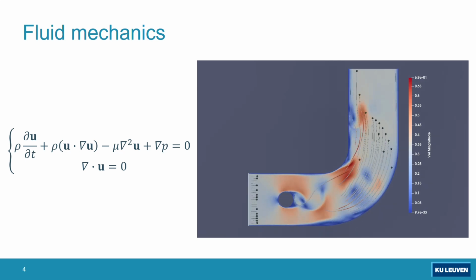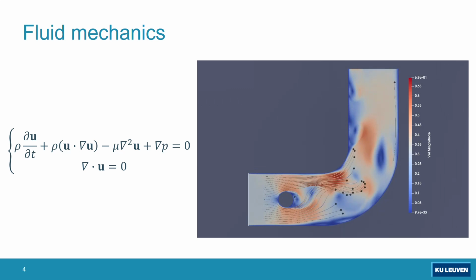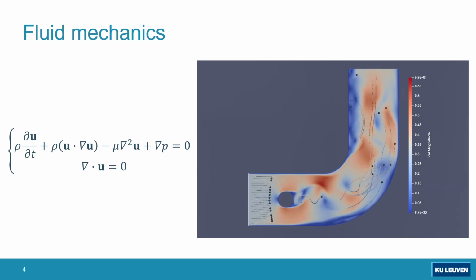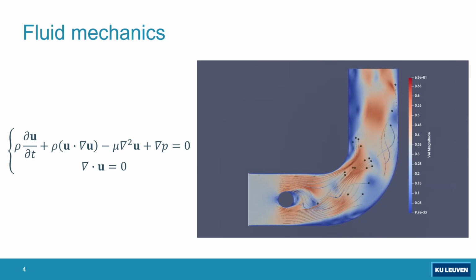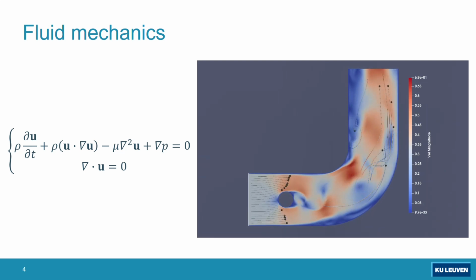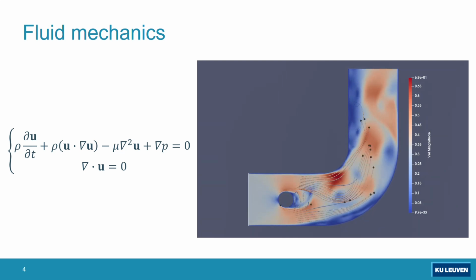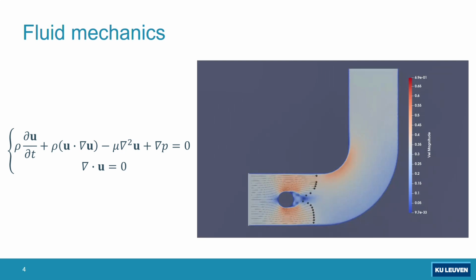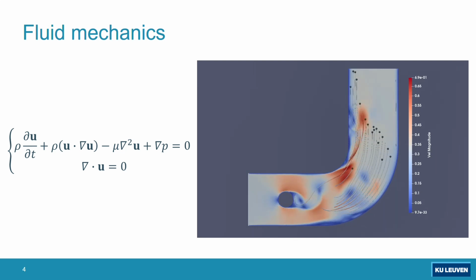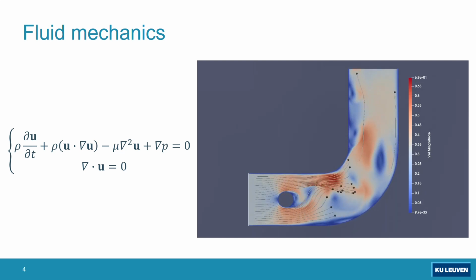This equation is solved in finite element 2D, and you can see the flow inside a pipe. The colors, as shown on the color bar, demonstrate the velocity magnitude. Whenever it is red, it's higher velocity, and whenever it is blue, it's lower velocity, close to zero. Particle tracking is also visualized.